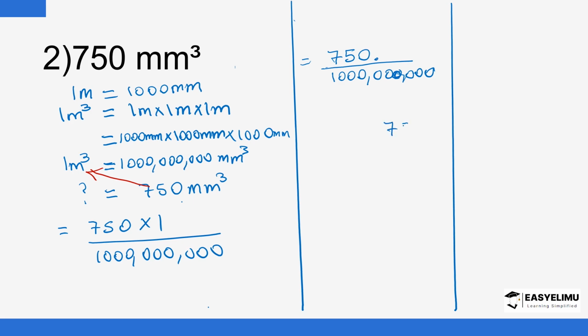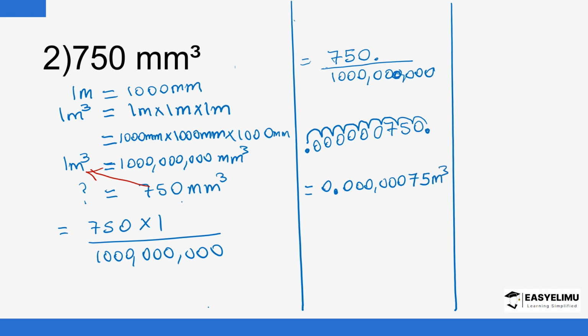I have 750, and the decimal point moves 1, 2, 3, 4, 5, 6, 7, 8, 9. So you add the zeros here. Our answer should be 0 point, and after the decimal point we have 6 zeros, and then 7, 5 cubic meters.